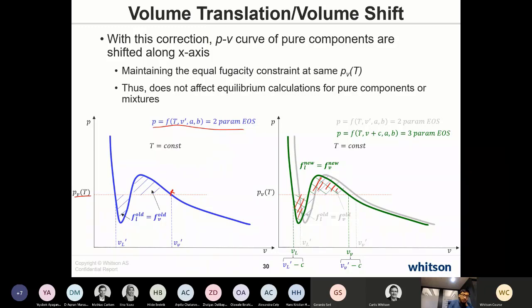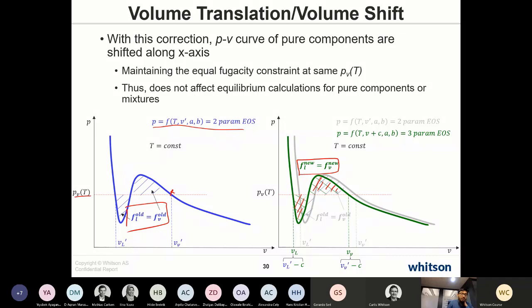But you can prove mathematically that even though the fugacity of each phase will change, this equal fugacity constraint will still remain valid. So the new fugacities will also be the same between the two phases, just like the old fugacities. That's why the vapor pressure calculation didn't change because of this volume translation.